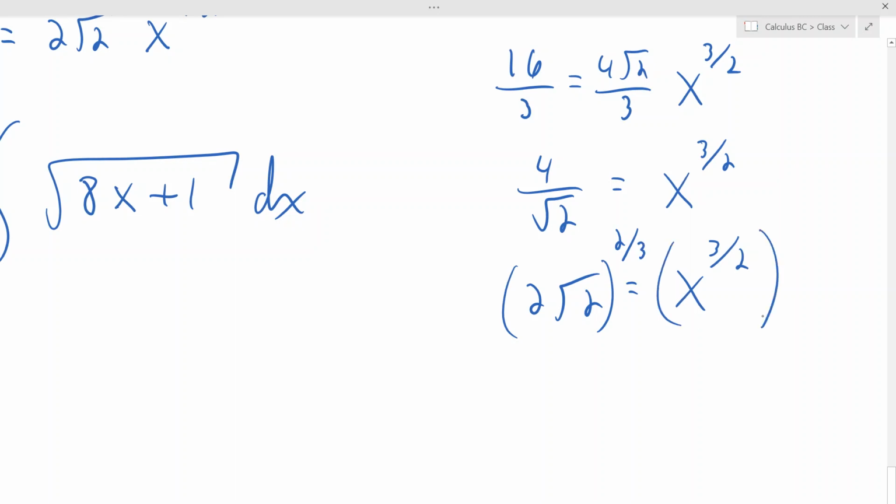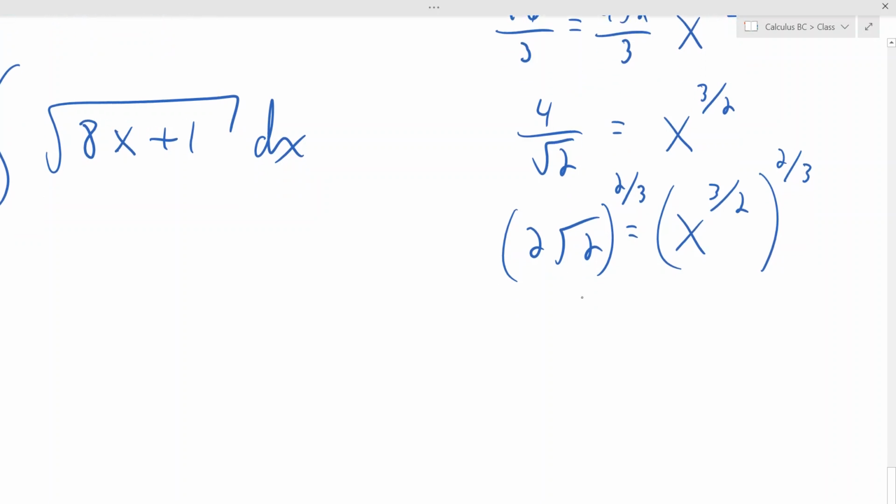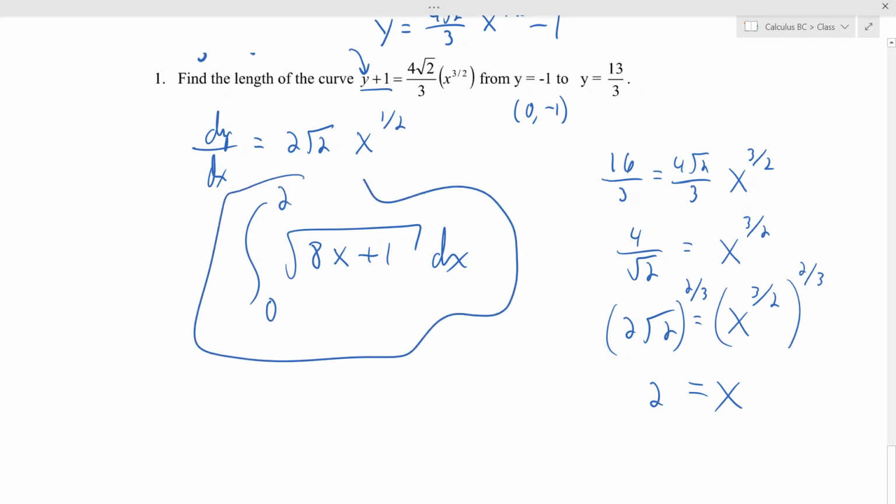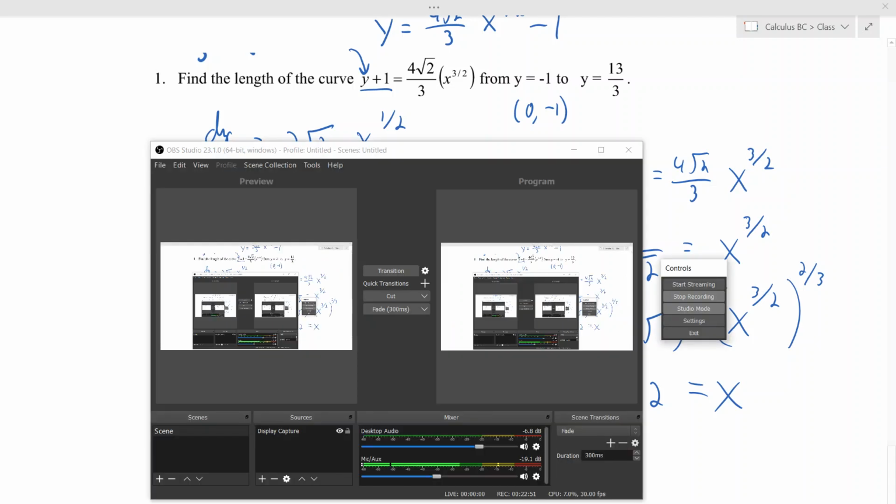That means we're going to square it and then cube root it. If you square 2 root 2, you get 8, and if you take the cube root of 8, you get 2. So it's just x equals 2. So we need to integrate from 0 to 2, and that's going to give us the answer we want. It says find it, but I'm just going to write the integral. And not too bad.